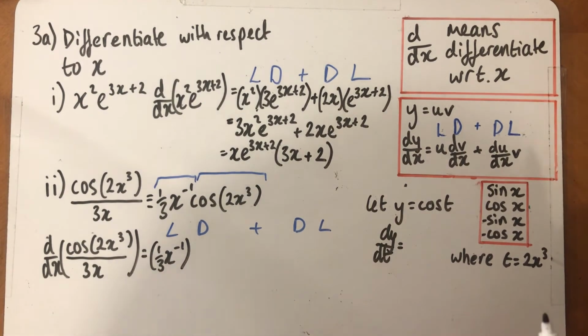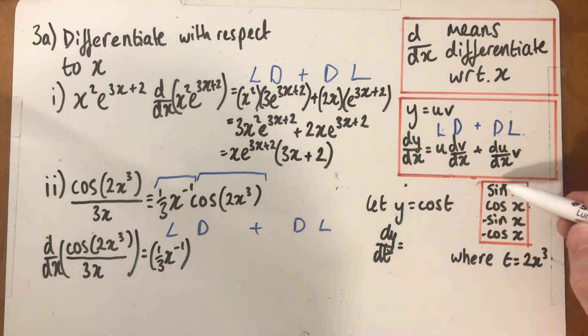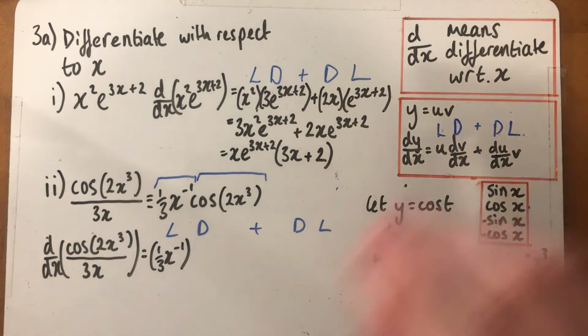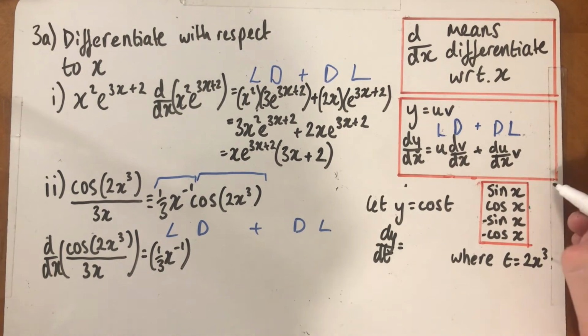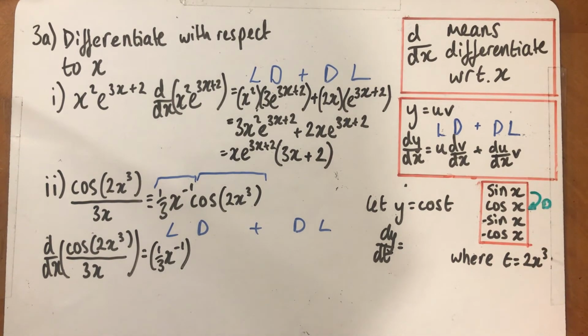And if you struggle to remember this, I'm going to show you a quick way now that can help you. Okay, so what I like to do is just write sine x, cos x, minus sine x, minus cos x. Or, for short, S C minus S minus C. Okay? And how this works is simply, when you move down the list, you're differentiating.